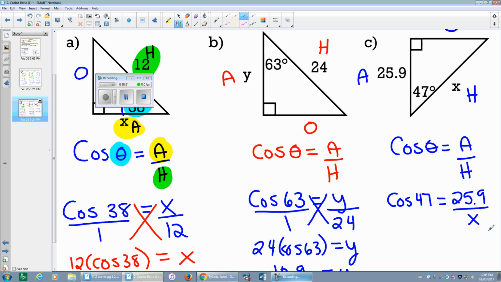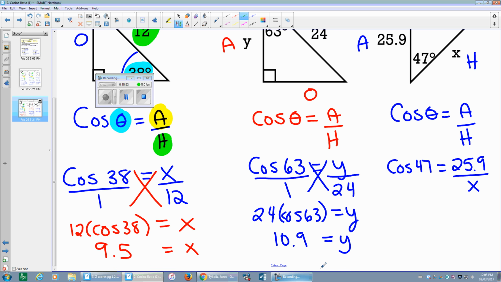Now this one's a little bit different because now my variable's in the denominator. So when you have a question like this, I want you to refer to this example. So again, I put it over 1. I'm going to cross multiply. So I take x times cos 47 is equal to 25.9 times 1, which still gives me 25.9.